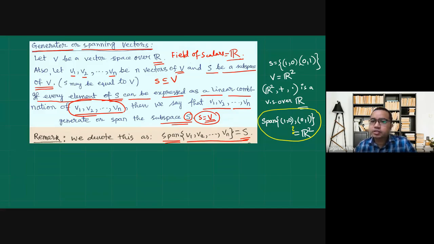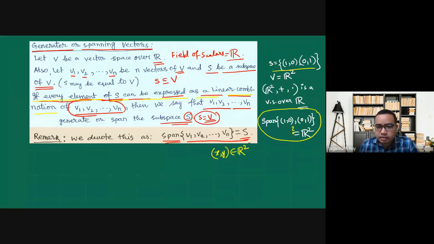In order to show this, what do we have to show? We take an element from the two-dimensional vector space R2. Now, if every element of S can be expressed as a linear combination of these n vectors, here we are taking only 2 vectors.